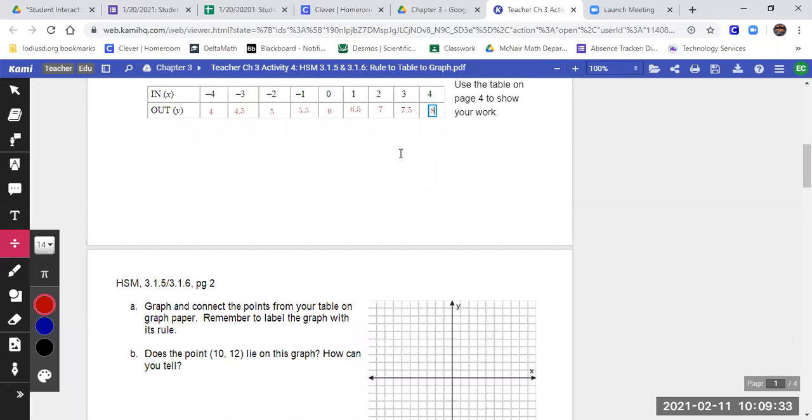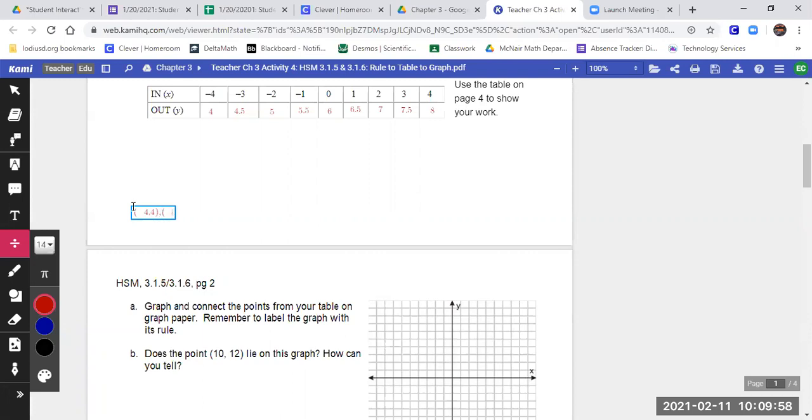Are they all going by 1s? So let's get our list. We'll get our list of coordinates. My first coordinate is -4, 4, right? -4, 4. Because the X and the Y, they're with each other.